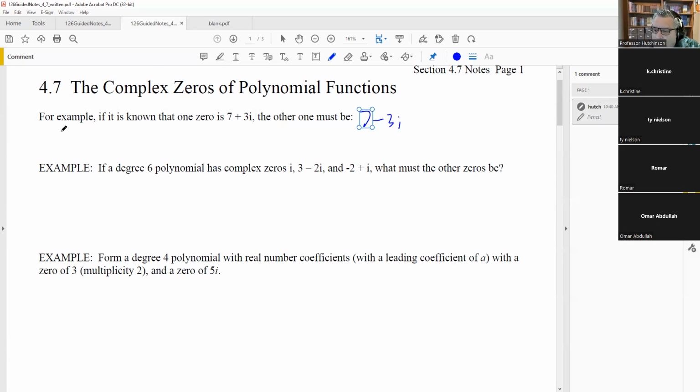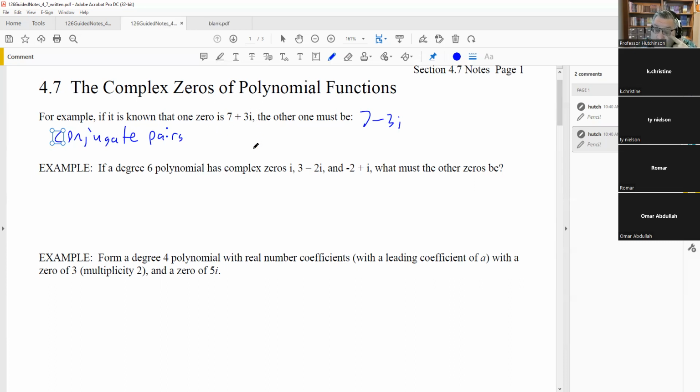These come in what's called conjugate pairs. So for example, if you have 7 plus 3i, that means automatically another one is 7 minus 3i. These always come in conjugate pairs.